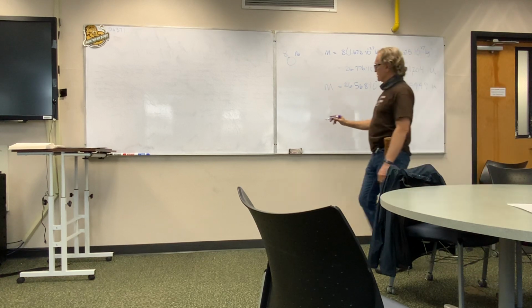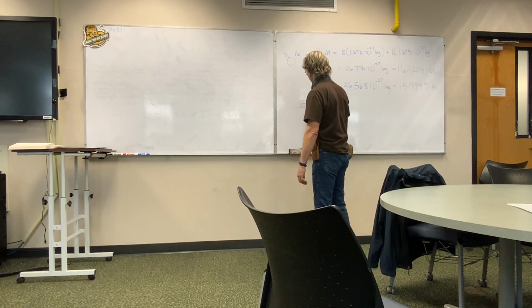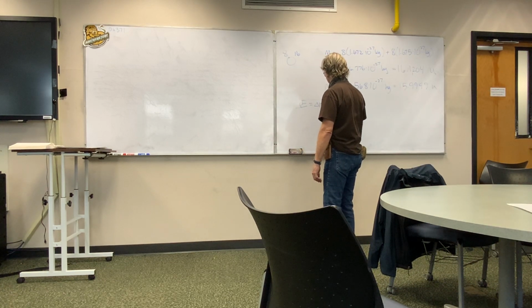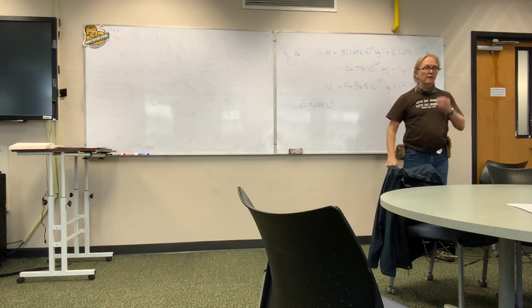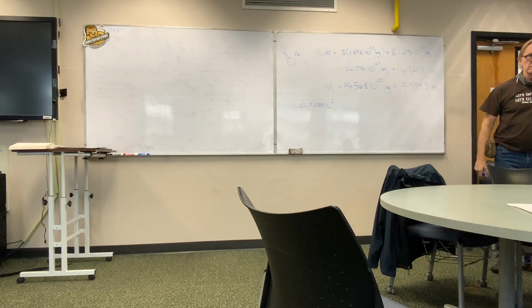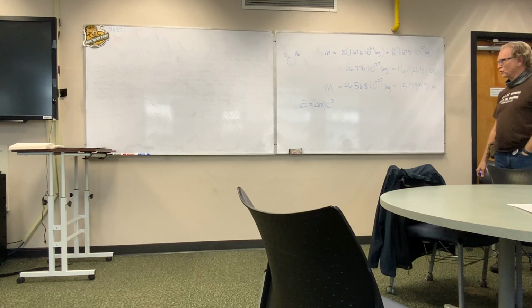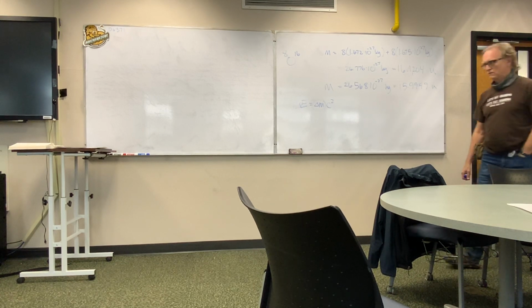And so that difference in energy, that difference in mass is interpreted as a binding energy. And you can calculate that energy in joules from that mass in kilograms just using Einstein's equation.